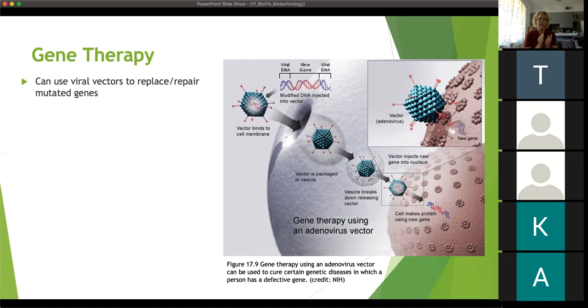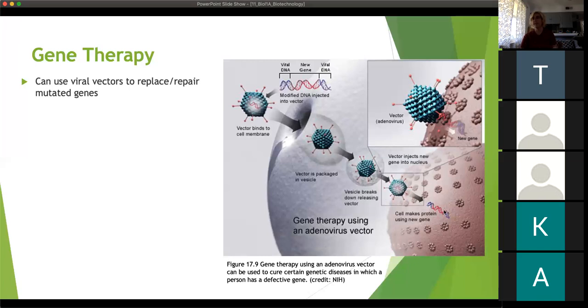The first methods that scientists have used to try to do this are using viruses. So the idea would be that you put the good copy of the gene into the virus. You allow the virus to infect the patient.